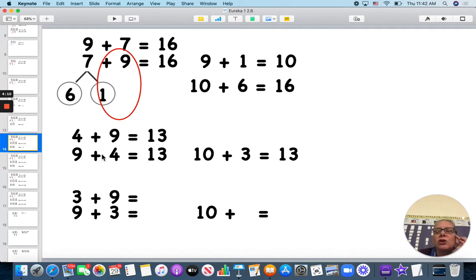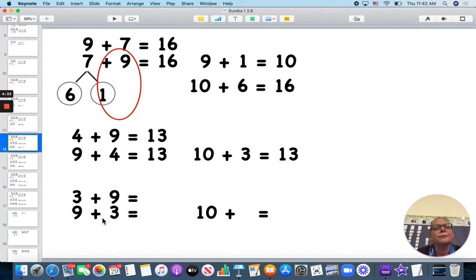We have to start using our head and thinking about this. So what I knew was I can break this up into 1 and 3. I gave one of them here. So then I have 10 plus 3 equals 13. That means 9 plus 4 equals 13, and 4 plus 9 equals 13.